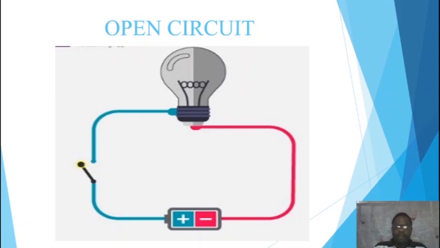You see that here the switch, or the key, we call it switch or key, is represented here. This switch is open, therefore the current is not flowing, so we call such a circuit an open circuit.